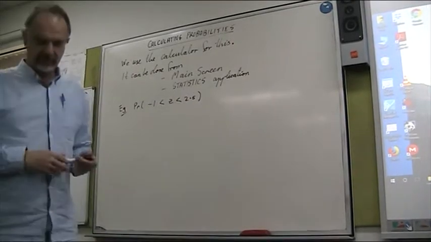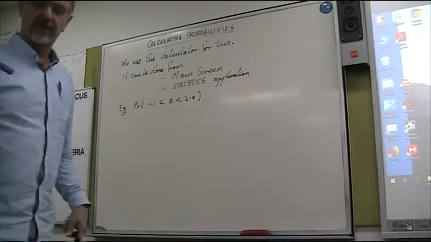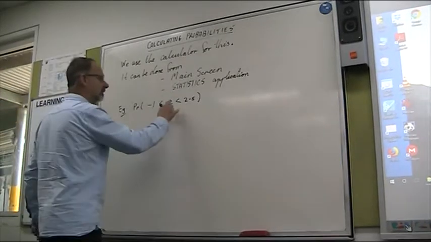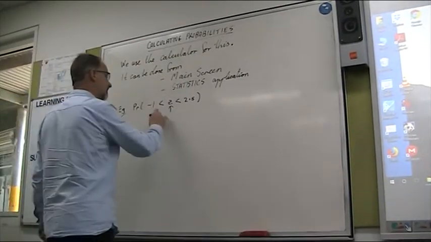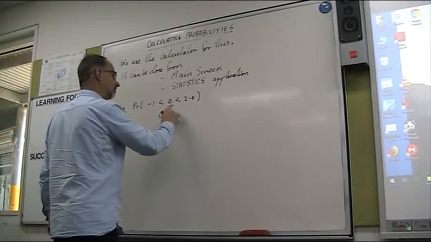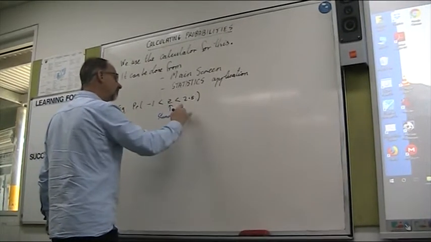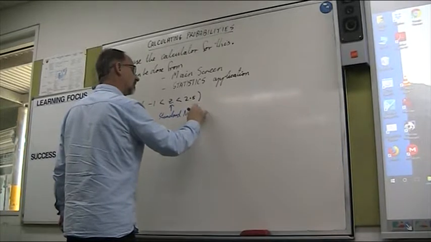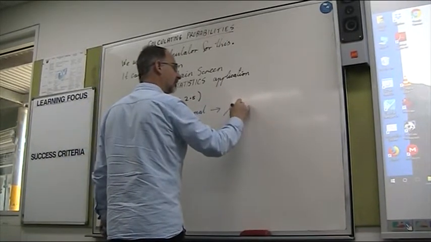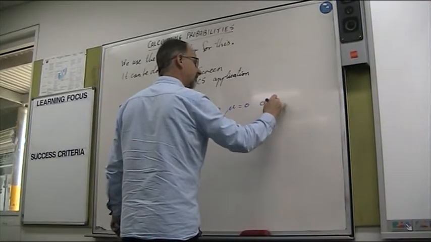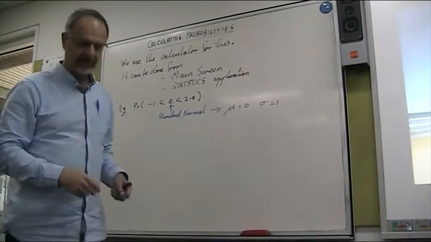Now, whenever you see z, that means we're looking at the standard normal. And so what that means then is that we have a mean of 0 and a standard deviation of 1.